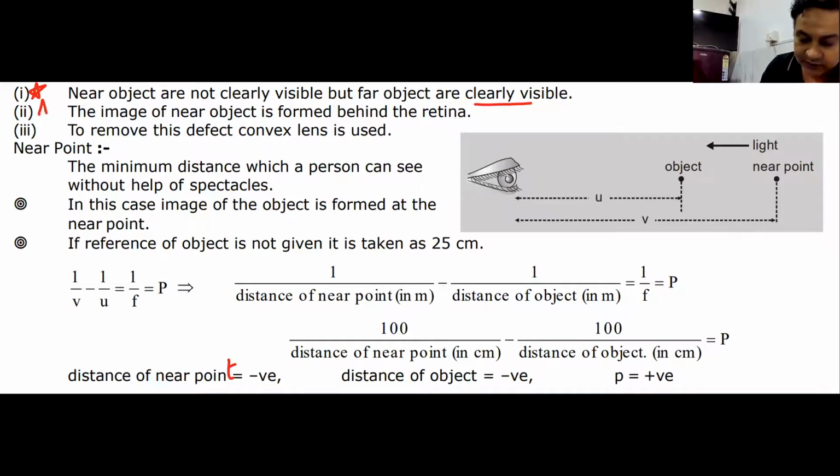The image of the object is behind the retina. In the first case it was before the retina, now it is behind. To remove this, use a convex lens. There we had the far point, here we have the near point, the minimum distance at which I can see the object clearly. Getting my point? Near point, far point.